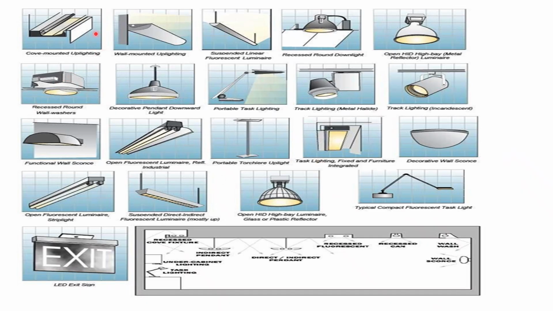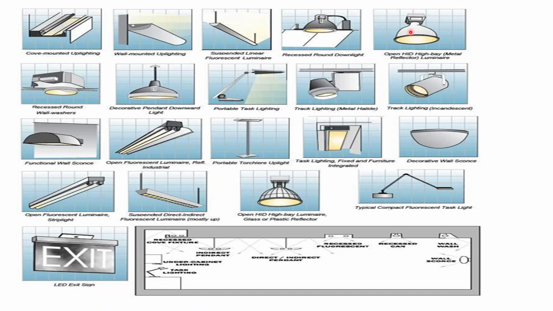Friends, here miscellaneous types of fittings have been shown. This is a wall mounted lighting system. This is a chain suspended fluorescent lighting fixture. This is a recessed round downlighter.